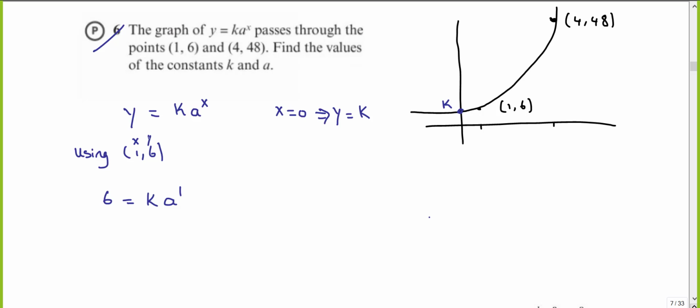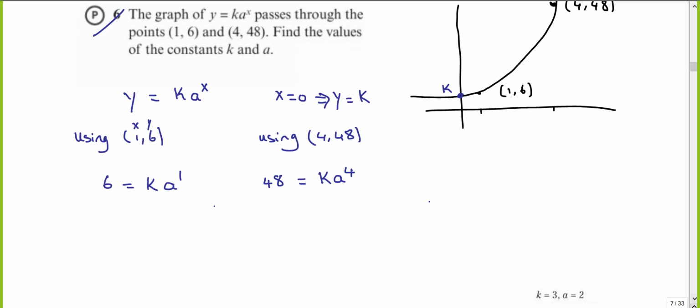I'm substituting. Again, use the other point, using 4 and 48. You get 48 equals k into a power 4.